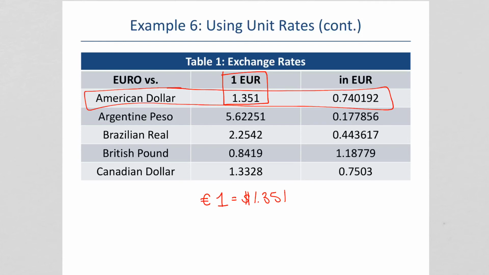Then this third column, that's saying that $1 is equal to 0.740192 euros.